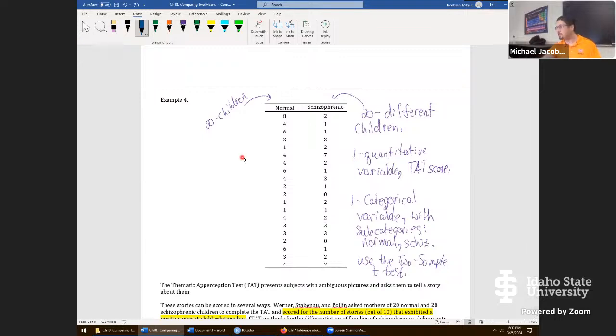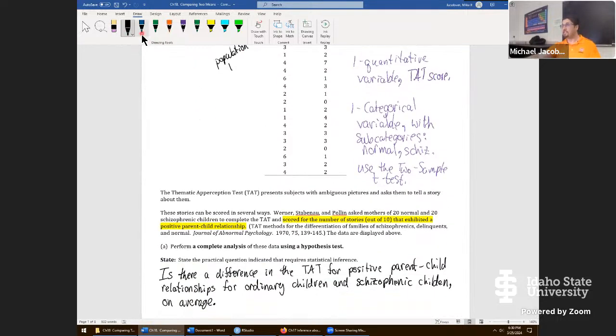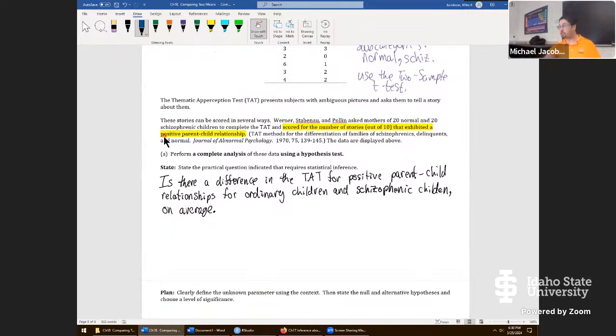Let's take that second approach. So I'll think of this one as population 1. This one will be population 2. And I'll try to keep these consistent. So mu1 is now referring to the ordinary or normal children.